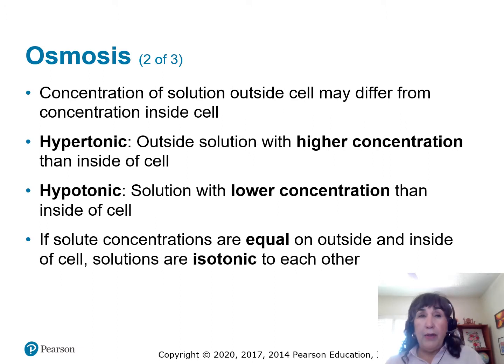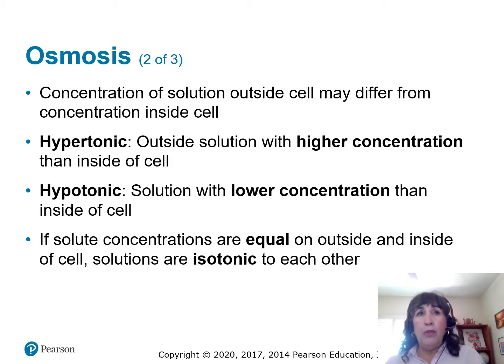When we talk about the movement of water, we also talk about something called tonicity. That means if there's movement of water, then there must be a different concentration of molecules on either side of the membrane. To describe that, we have hypertonic, hypotonic, and isotonic concentrations. Hypertonic means that there are more molecules outside of the cell than inside.